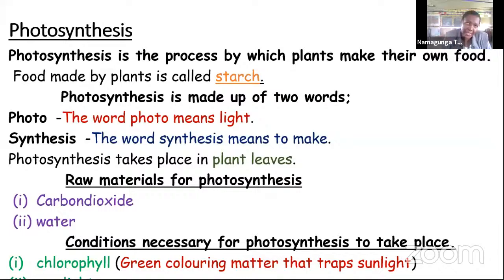Thank you so much. Another question. Basemera, where does photosynthesis take place? Does it take place in roots? Does it take place in stems?